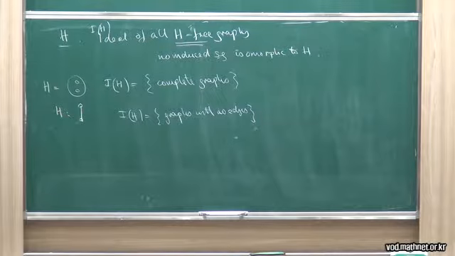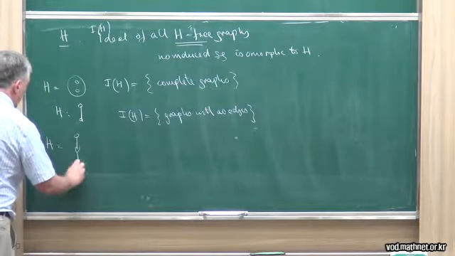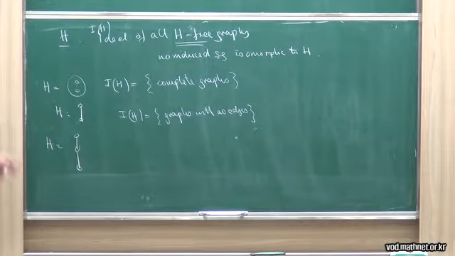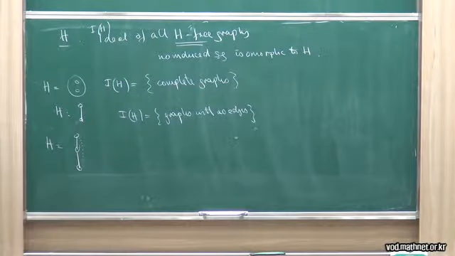Let's do another one. What about, say, two-edged paths? What are the graphs that don't contain that as an induced subgraph? Which means this is not an edge, right? Which graphs don't contain that as an induced subgraph? Can you tell me? Triangle-free?